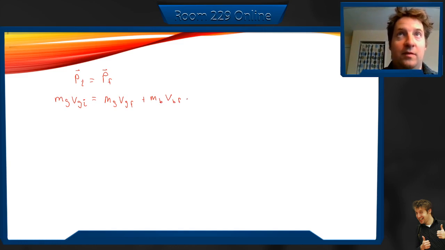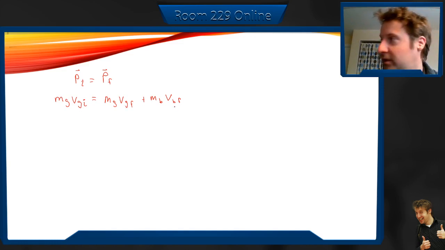If momentum is conserved, these two things have to be the same. Isolating for what I want: what do I want here? I know the initial velocity of the golf ball, and I know the final velocity of the golf ball. I don't know the final velocity of the billiard ball.